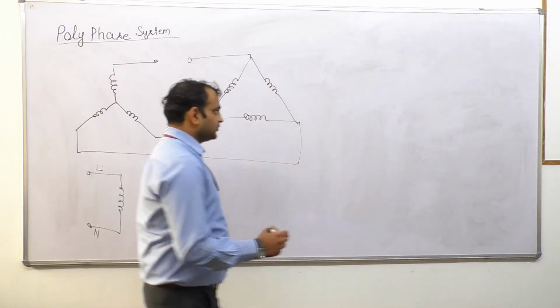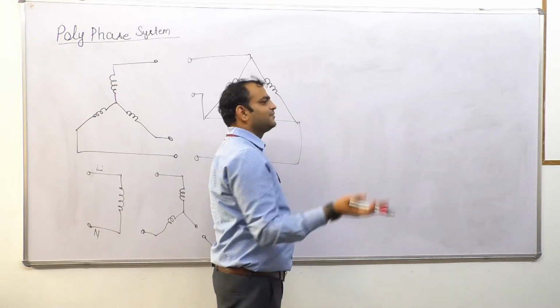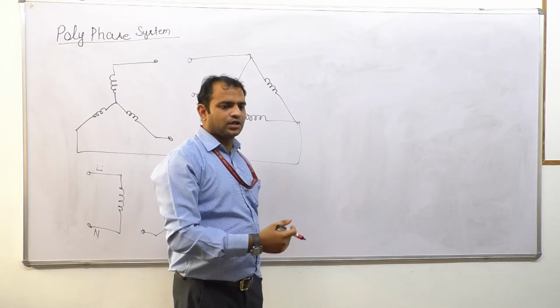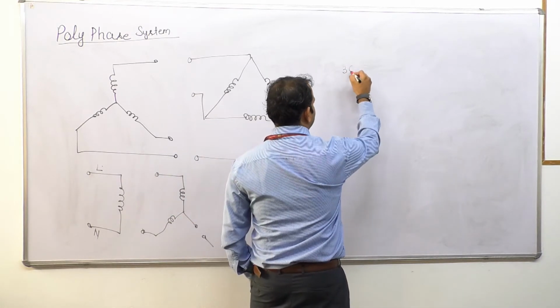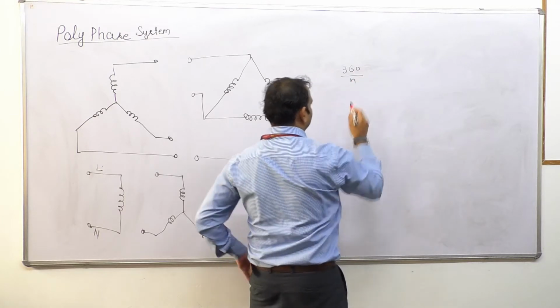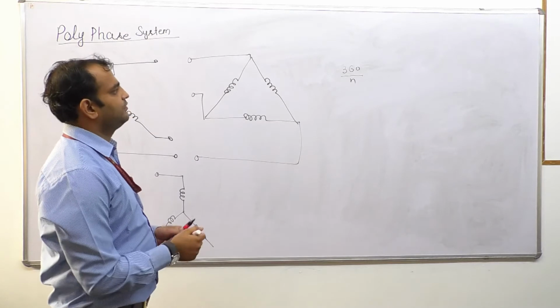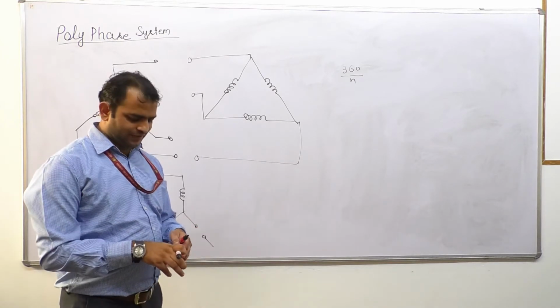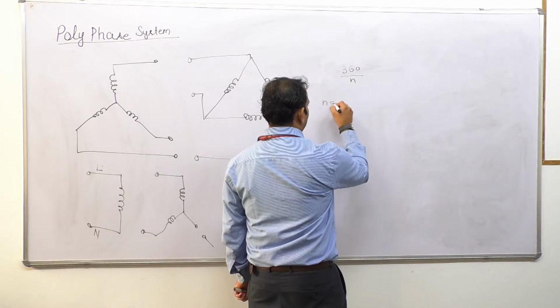Now, how can we find the phase difference between these phases? There is a formula, 360 by n. By using this formula, we can find the phase difference. Let us say n is equal to 1.